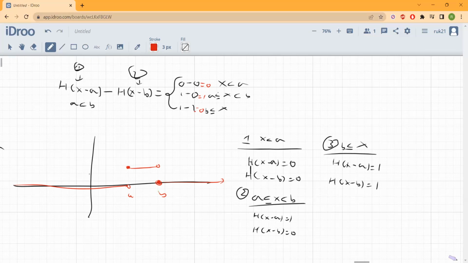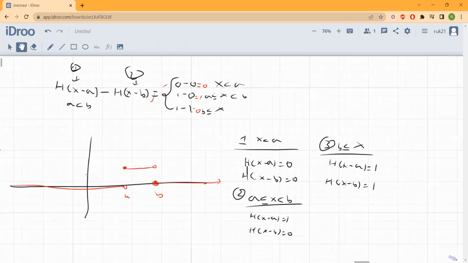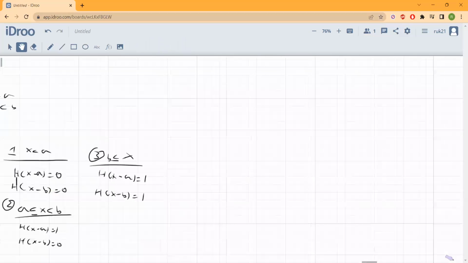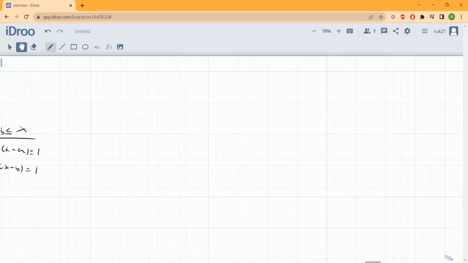Cool. Now we have all our building blocks to finally look at the final expression, where we can use the Heaviside function to define other piecewise functions that we could have.